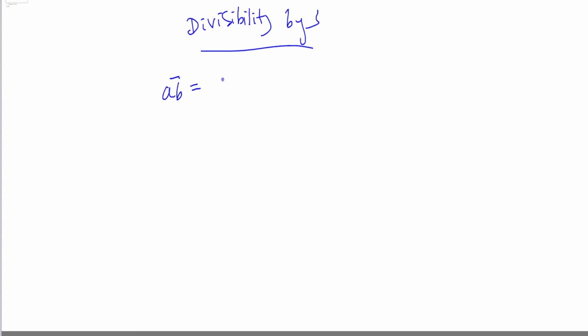Okay, the next one is divisibility by 3. Same thing again, if the given number can be represented in the form of a multiple of 9 plus a plus b, any number for that.